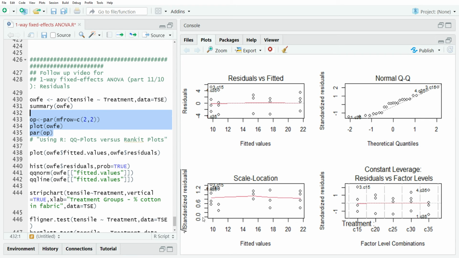Now, this scale location takes the absolute value of the residual and then takes the square root of it, and we want this line to be roughly flat, and it sort of is, and we also want it to vary constantly about this line. Now, there's pluses and minuses with each of these plots, but these are the standard plots that R produces.